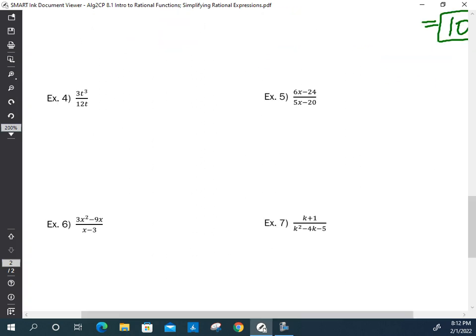So example 4, you have 3t to the third divided by 12t. If you look at just the numbers, you have 3 over 12, so you can divide both of them by 3. So that gives you 1t to the third divided by 4t.